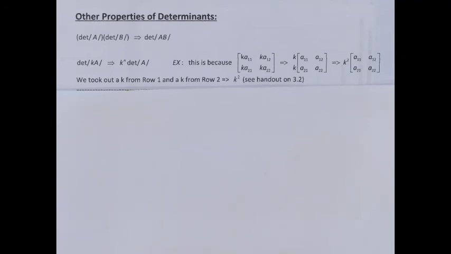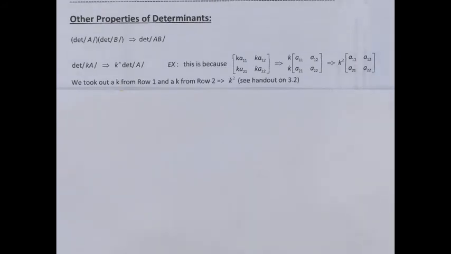As we know from the previous section, I can factor out a constant from a row and place it outside the matrix. We took out a K from row 1 and a K from row 2. If it is the exact same constant, hence we get K squared.